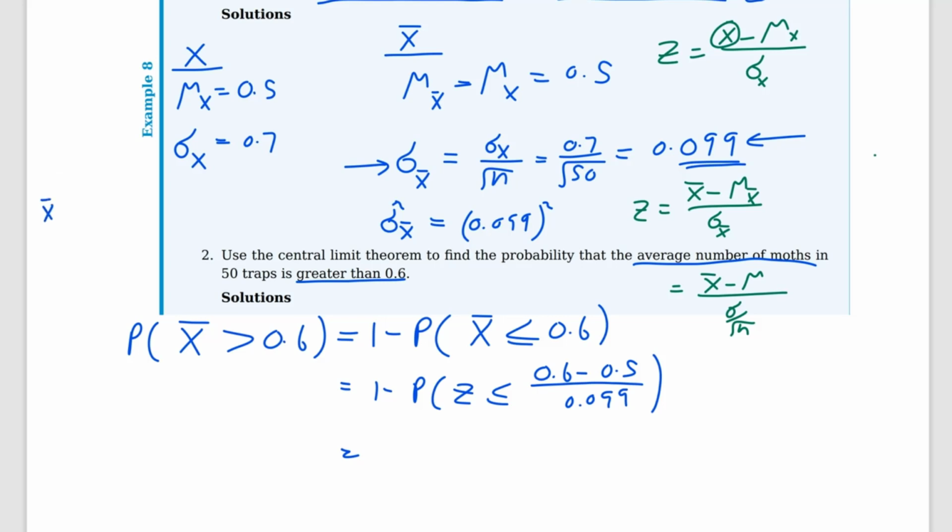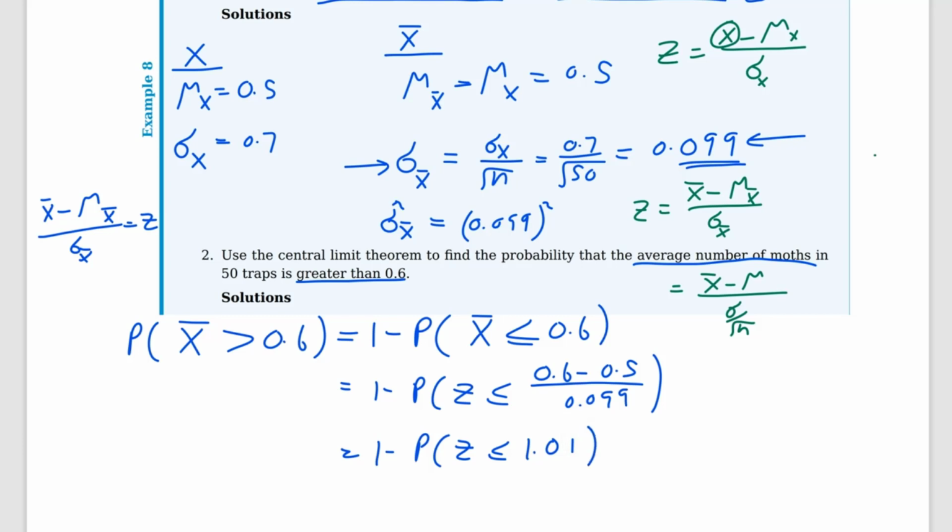Actually we didn't write it, but x bar minus mu of x bar divided by sigma of x bar is the z now. That is why I wrote z over here. We have no x bar numbers anymore, right? Then 1 minus the probability that z is less than or equal to what number? It is 1.01, right?